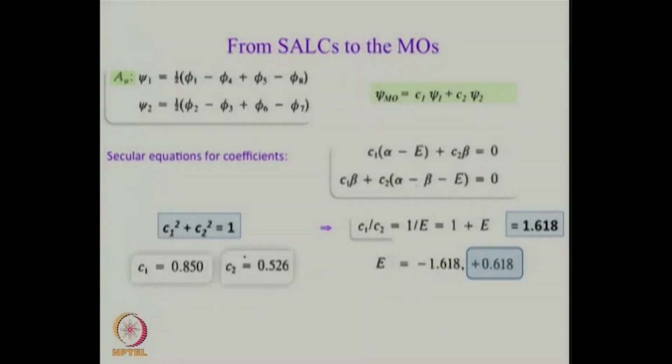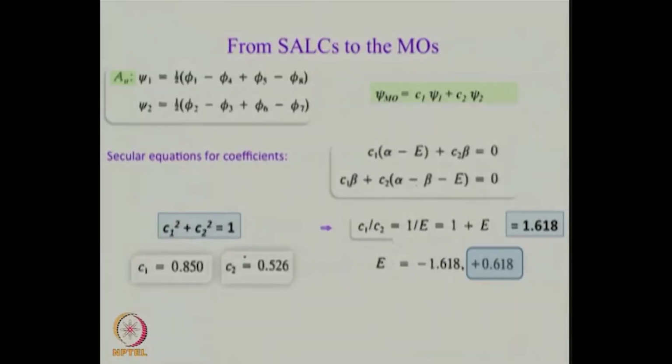If you want the other one, what you do is you take this minus 1.618 and see this is all consistent, right, because if you remember E equal to 0.618, that is for a bonding MO, because it is multiplied by beta, beta is negative. E equal to minus 1.618, that is the energy of an anti-bonding MO, because it is multiplied by beta, beta is negative.